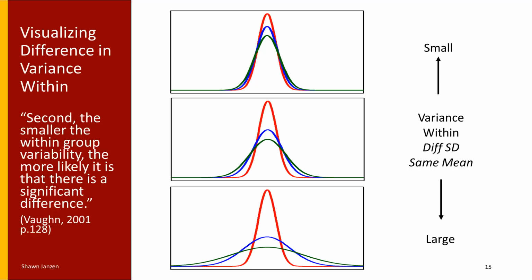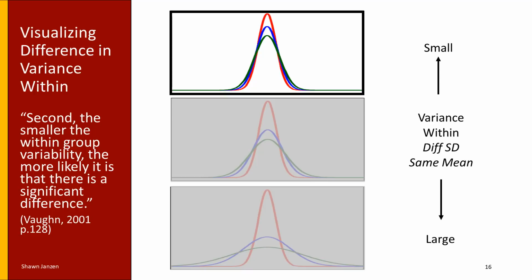And so the more overlap there is, the more alike they are. So when your variation within shrinks, they seem to be more similar to each other. There's less variation between them. Keep in mind, this is in the denominator. So as your variation within shrinks, there's less differences within each of these groups. They're more alike, so it'll help illuminate the differences between the groups, right? And that's what we start to see when the variations are small.